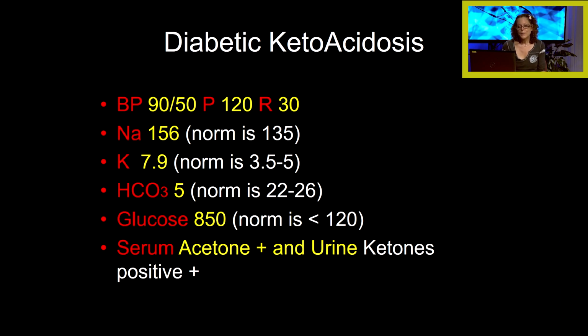And her bicarb is 5, and so this is lower than the normal range. Her glucose is 850, so normal is around maybe 120. So glucose is very high. And she has serum acetone, okay? So positive acetone and positive urine ketones.